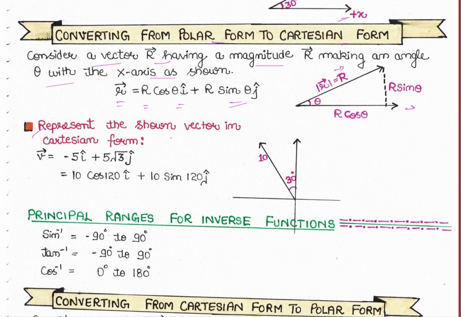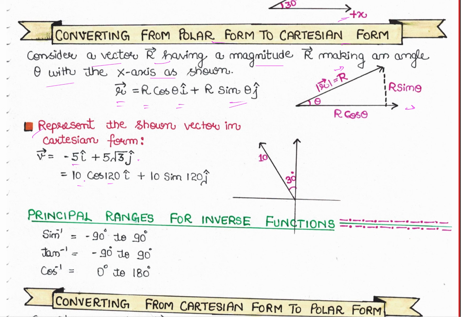Representation of the polar vector with Cartesian. If v is equal to minus 5 i cap plus 5 square root of 3 j cap, we can write minus 5 as 10 cos 120 degree i cap plus 10 sin 120 degree j cap.